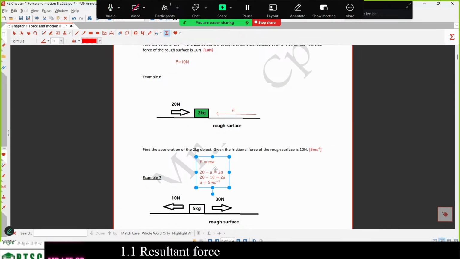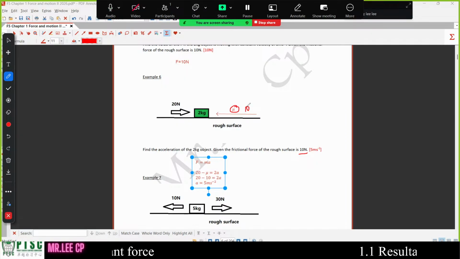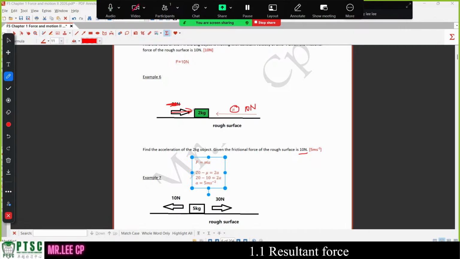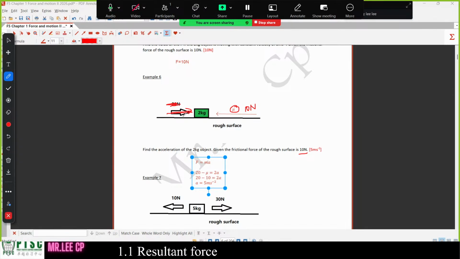So this means if this friction is 10, and I push with 10, what happened? It is going to move with constant velocity. I repeat one more time. If the friction is 10, then if I pull with 1, it is not going to move. 2, no. 3, no. 5, no. 10, then it starts to move with constant velocity.